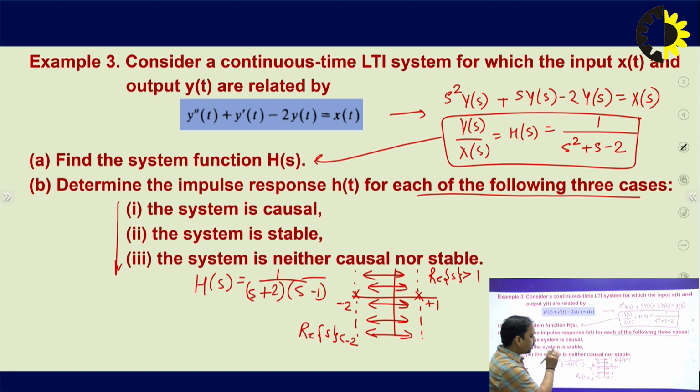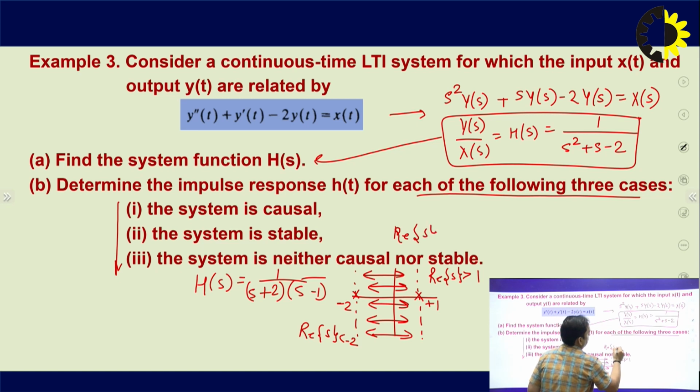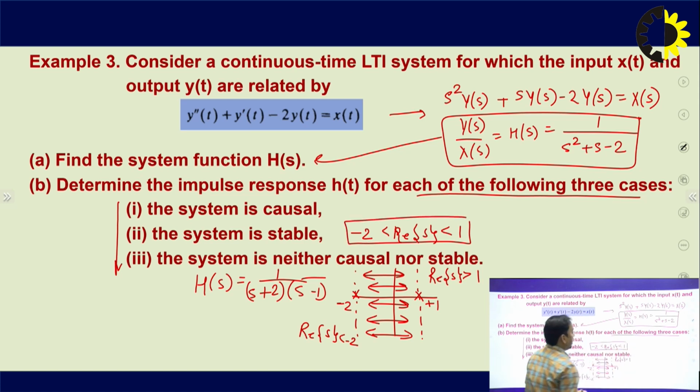Only in this particular scenario, where real part of s is greater than minus 2 but less than 1, the system is stable. Otherwise, the system is not stable.